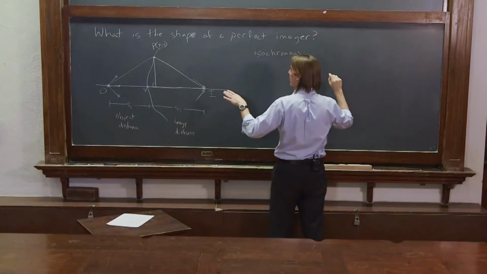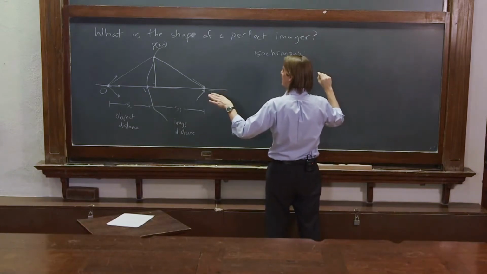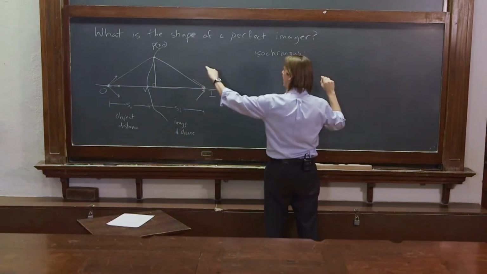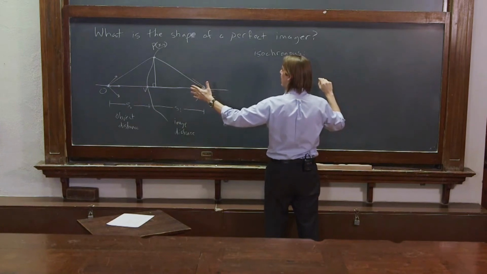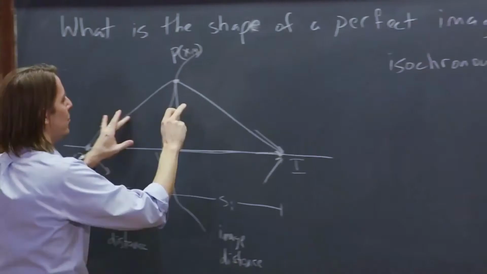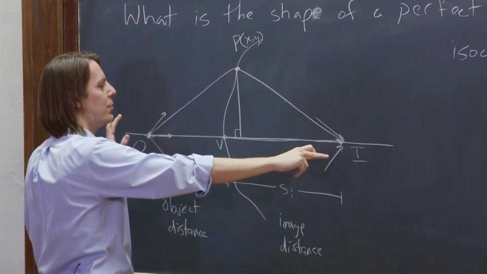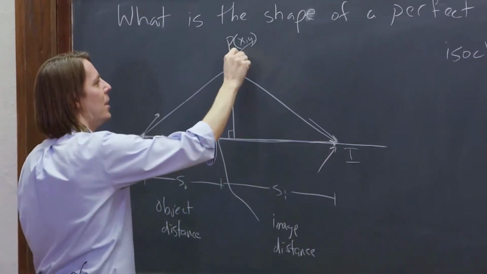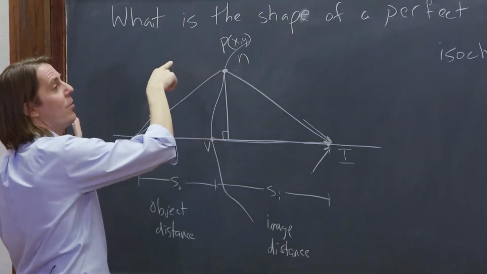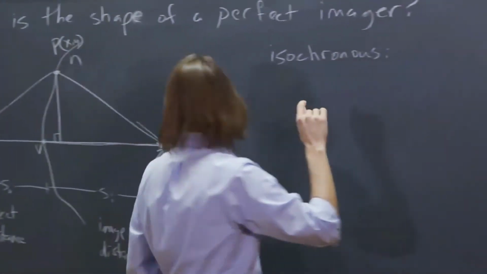If we're going to go from O to P to I, how long is that going to take? Well, we're in two different media, so we have to write it as two terms. Let's pretend we're making something out of glass and this is air.